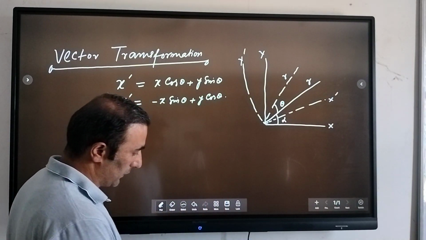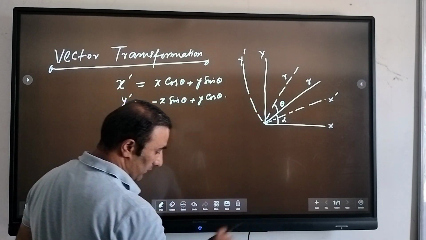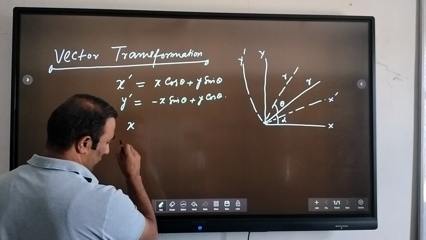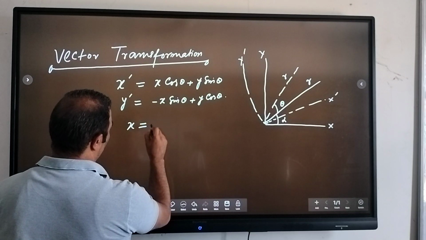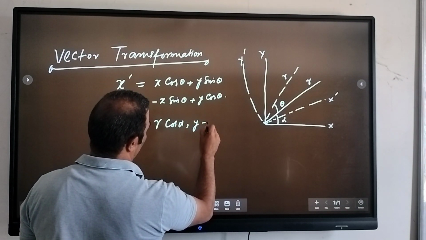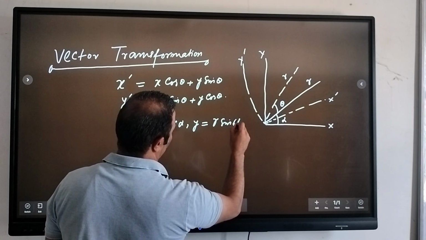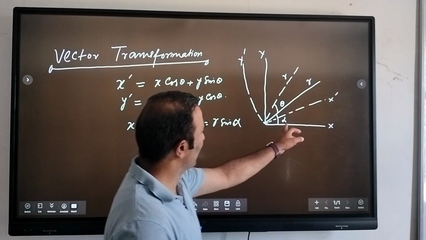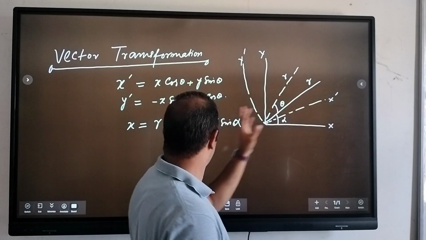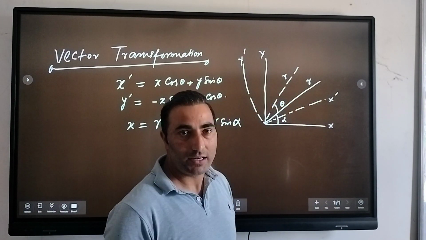In the xy plane, x will be equal to r cos alpha and y will be equal to r sin alpha, because the vector makes some angle alpha with the x-axis.